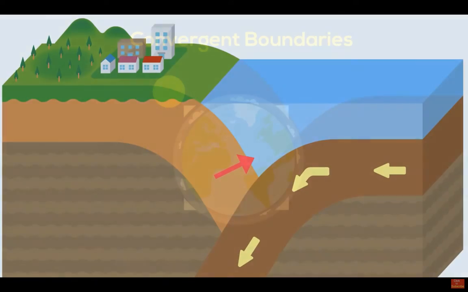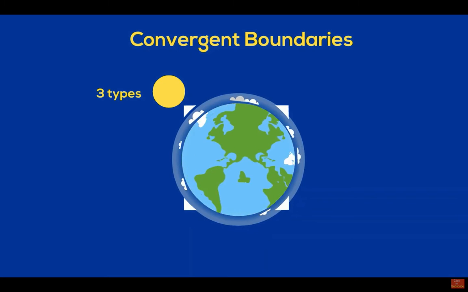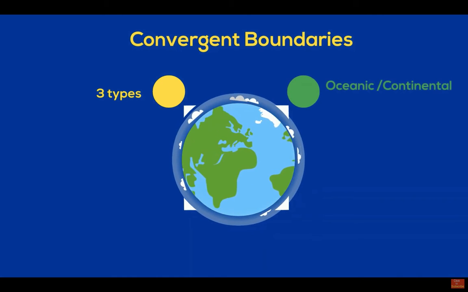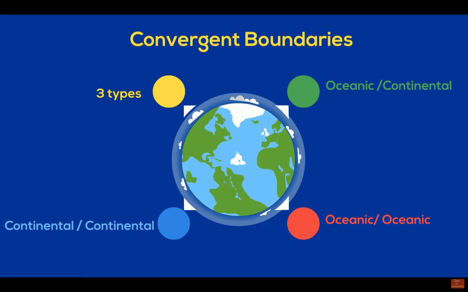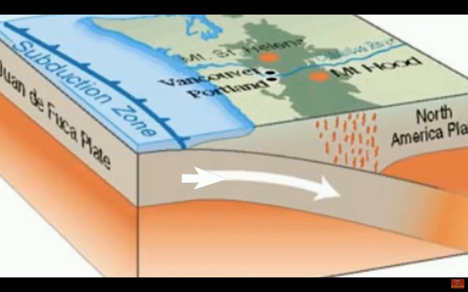There are three major types of convergent boundaries: oceanic and continental lithosphere, oceanic and oceanic lithosphere, and continental lithosphere.